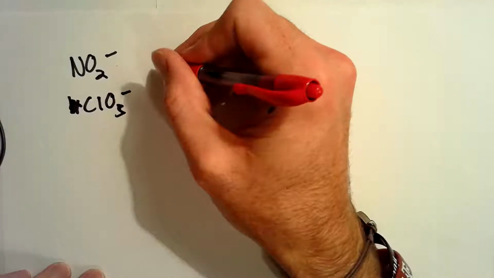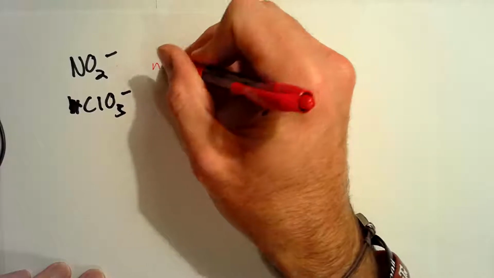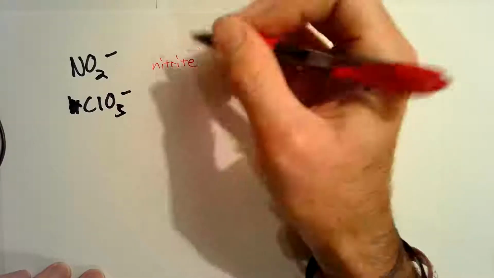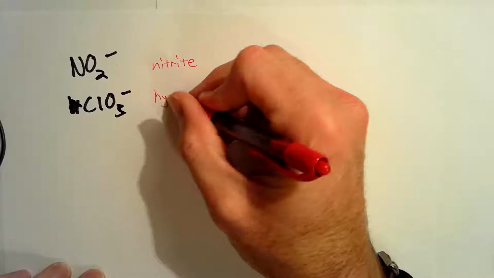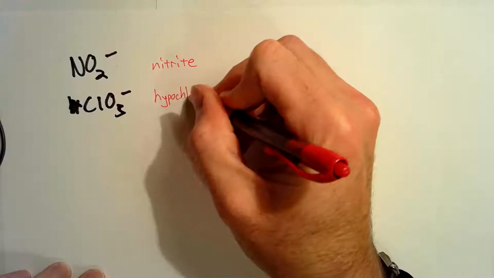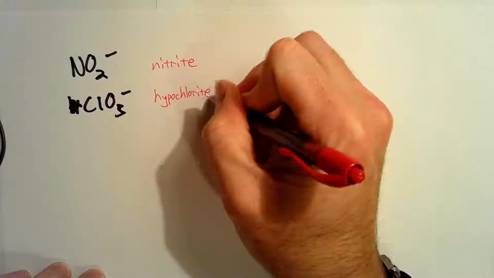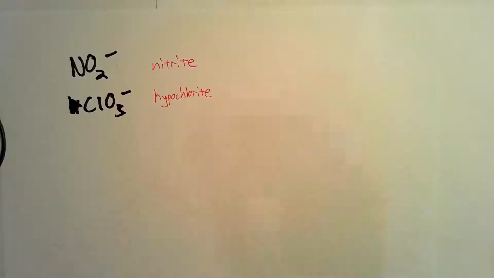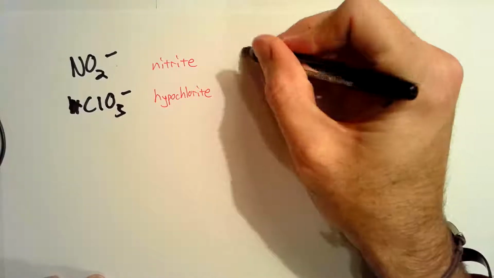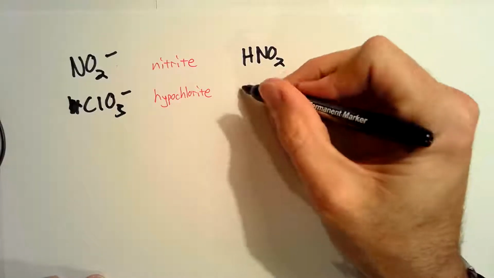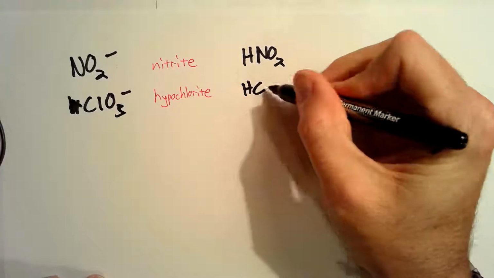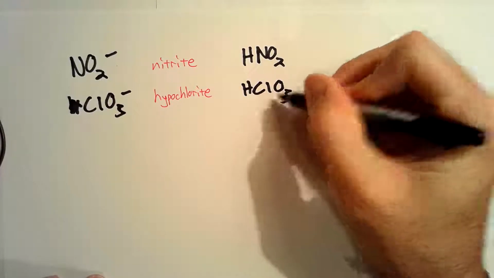So the nitrite is going to be nitrite, and then this is going to be hypochlorite. I'll write the corresponding acids to that. This is going to be HNO2 and then HClO3.